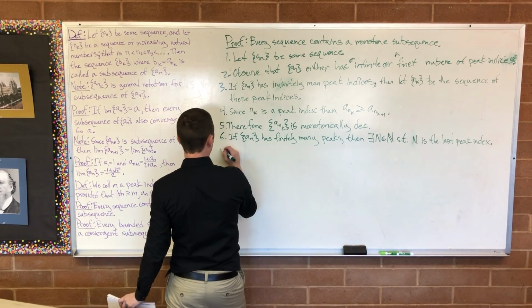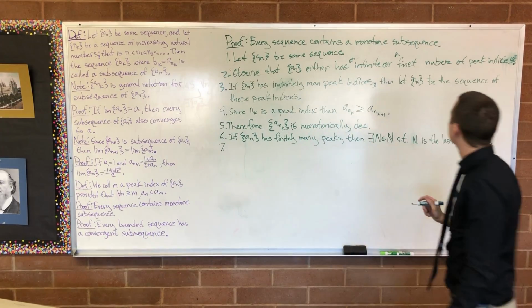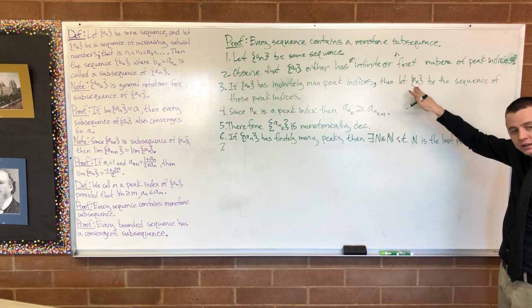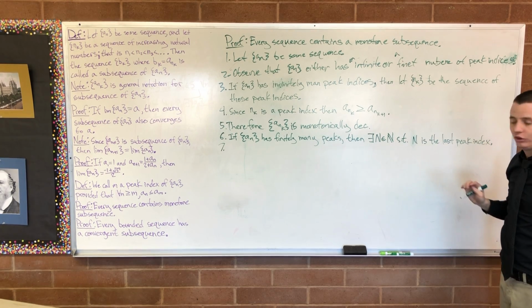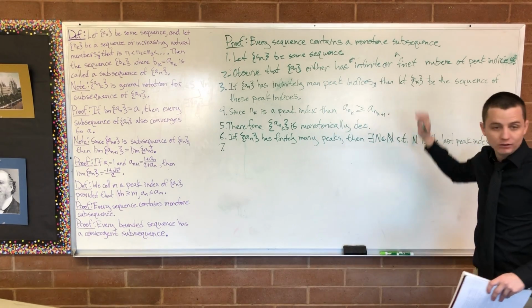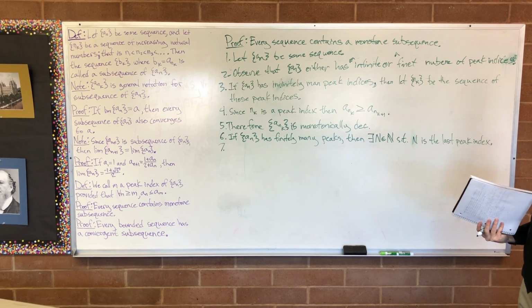Okay. So now I'm going to start creating my sequence of indices that I'm going to use to create my subsequence. So I'm going to start creating my n sub k. If your sequence doesn't have any peaks, then what index would be the last peak? 0.